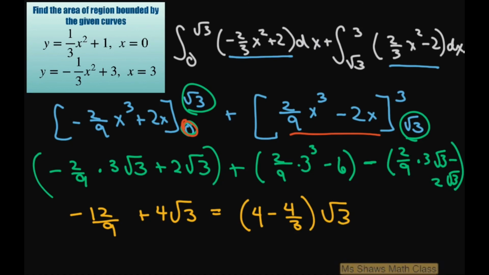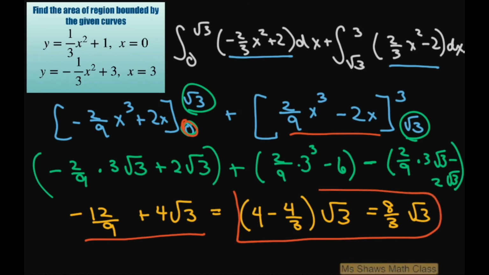Or you can get the common denominator as 9, and then this gives you 8/3 square root of 3. So there are different ways to simplify this. This is just one method, but this is your answer right here.